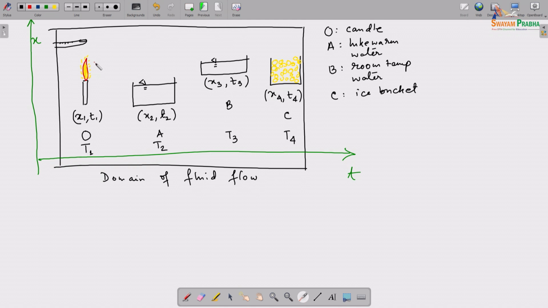So, what would be the change in temperature? I said the temperature here is T1, okay, let's say my temperature here is T1.